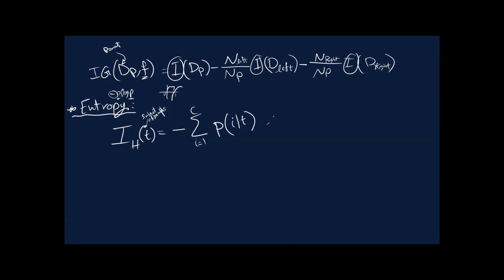Okay, is this clear? Yes. Okay, that's good. So I'm basically using the entropy as is, okay? And this will give us a value that would be a measure of impurity, as we would see when we have our numerical example.